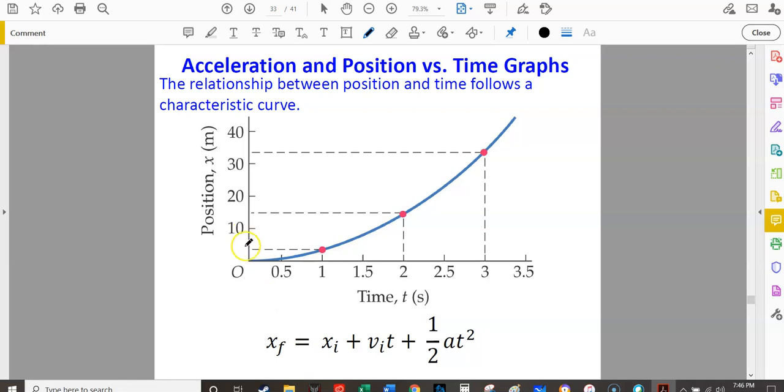At time 0 seconds, this is your initial position at that point in time, and your instantaneous velocity at that point is your initial velocity. So in order to get this component, you have to note the initial position, but also the initial slope at that 0 second mark. And that tells you both of these two components.